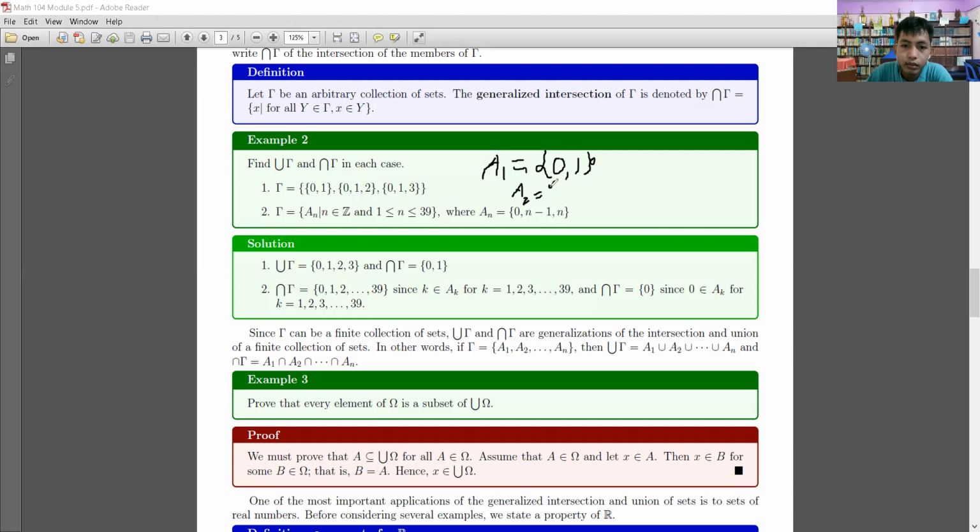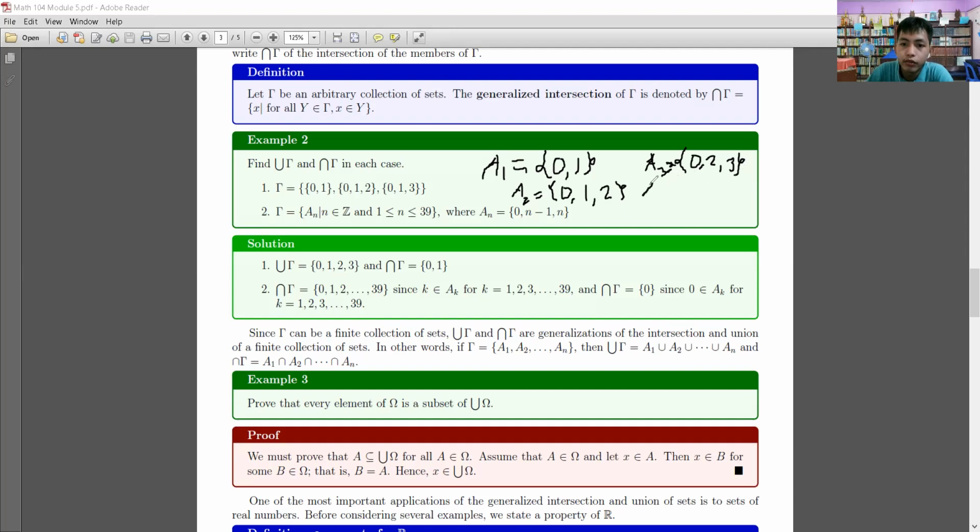Okay? Next, we have A sub 2. Si A sub 2, anong laman ni A sub 2? So we have 0, n minus 1 is 2 minus 1, which is 1, and 2. Si A sub 3, we have 0, we have n minus 1, so 2, and n, {0, 2, 3}.